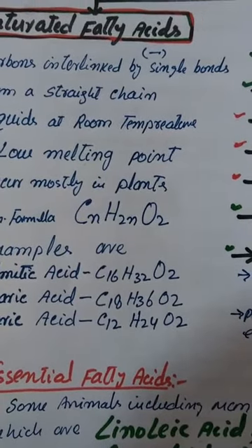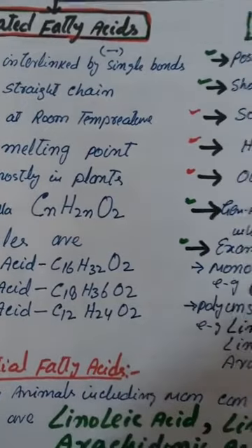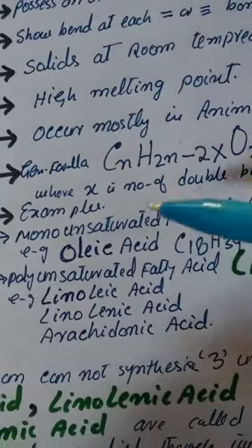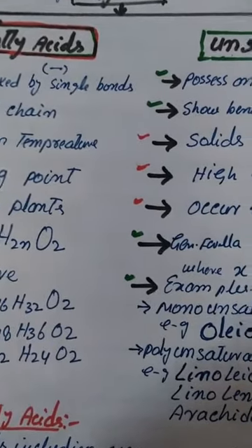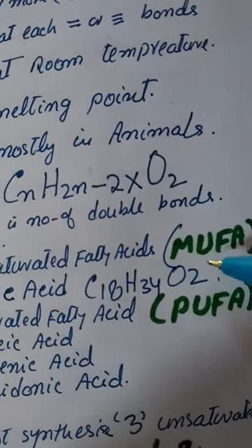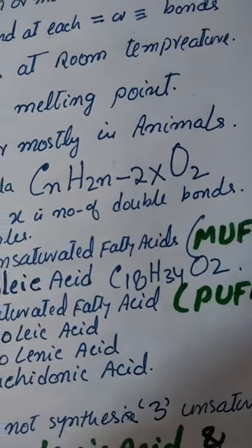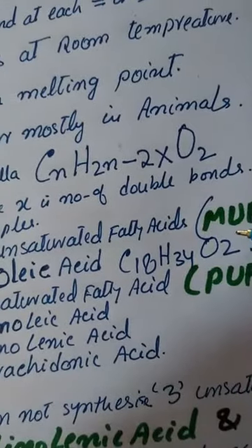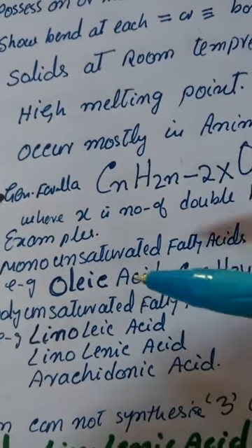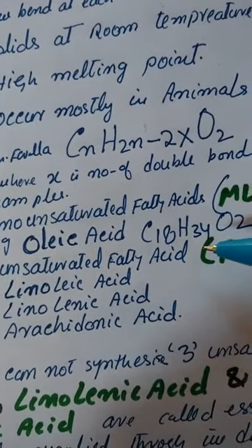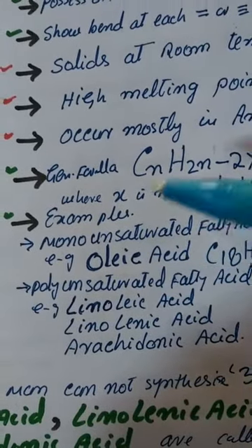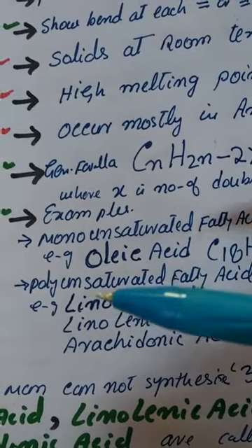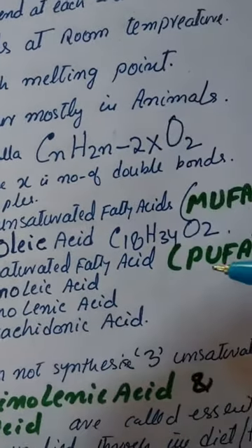Whereas talking of the examples of unsaturated fatty acids, these are monounsaturated fatty acids, represented by MUFA. Among these MUFA, the most important fatty acid is oleic acid, whose formula is C18H34O2. And similarly, another type of unsaturated fatty acid is polyunsaturated fatty acid, that is PUFA.